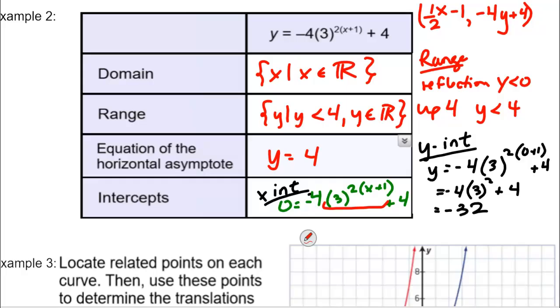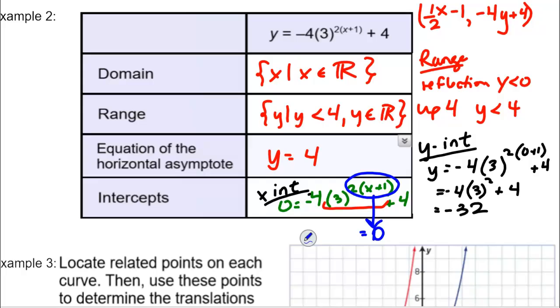So we know that 3 to the power of 0 is 1. So basically now, if I can make this exponent equal 0, then my entire equation will equal 0.